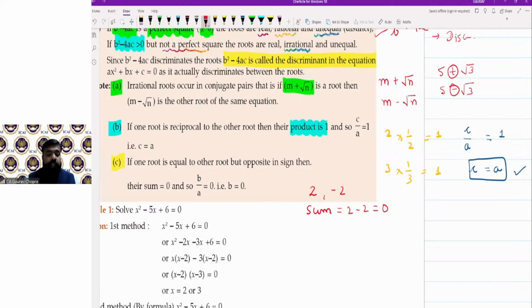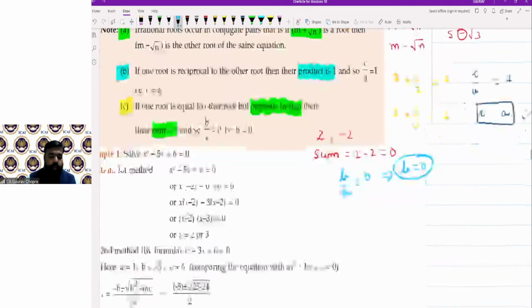Again, the sum will be 0. तो जब भी उनकी value same है but signs are different, then their sum will be 0. So we can write that B upon A is equal to 0. This means that B will be 0. Okay.